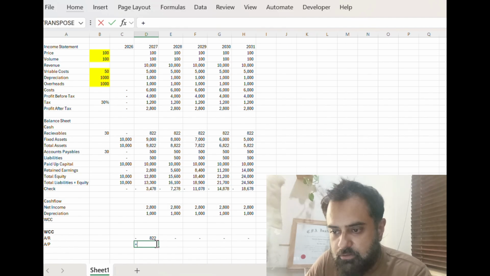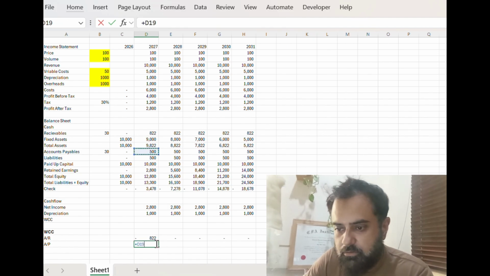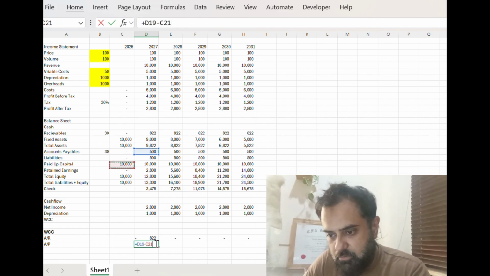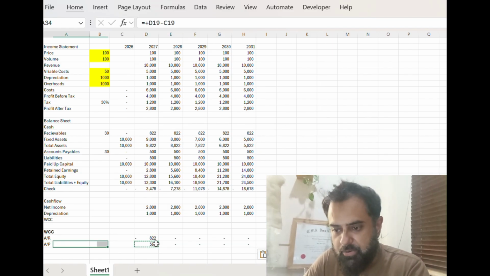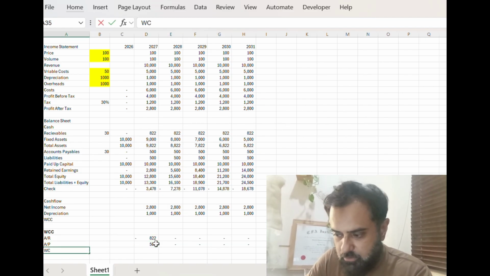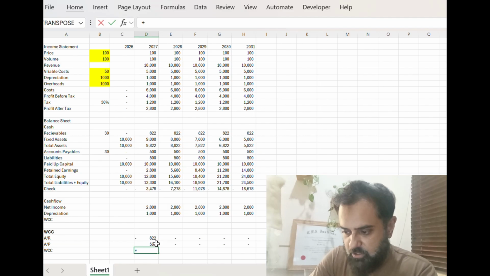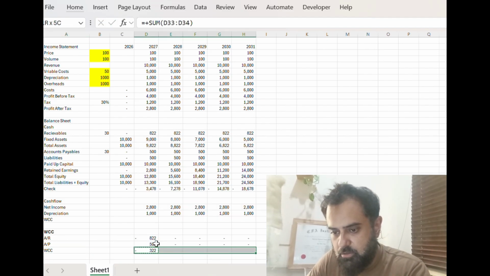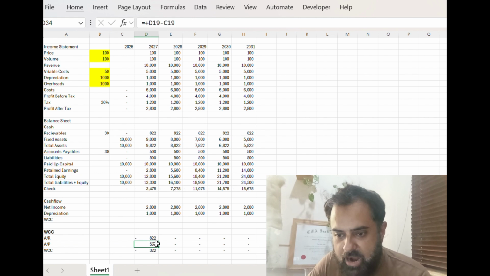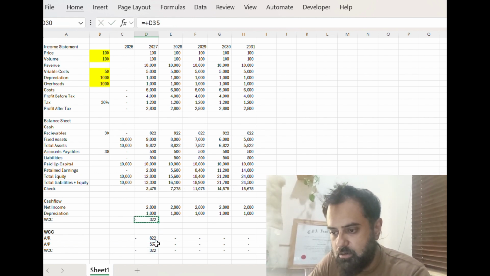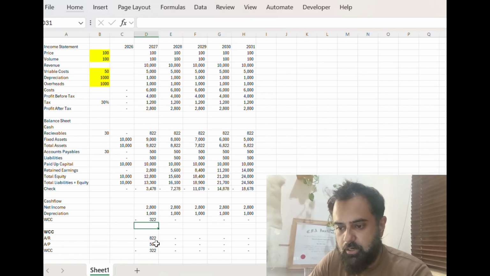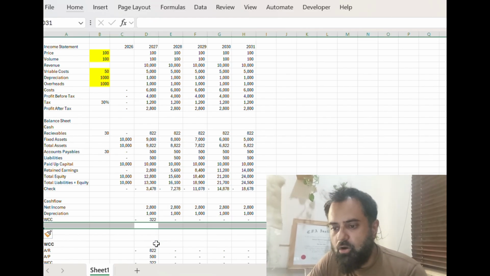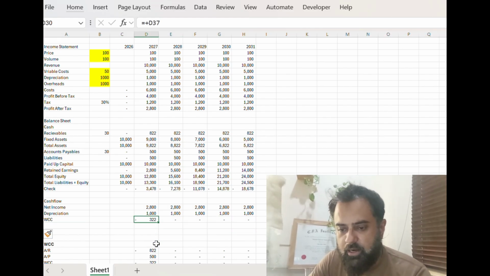So let's fix this. All right. Again, drag this formula. And the working capital change total is a sum of these. All right, and then we put that working capital change in the cash flow statement. Let's put some more gaps here. So is this it? Is this our cash flow statement?